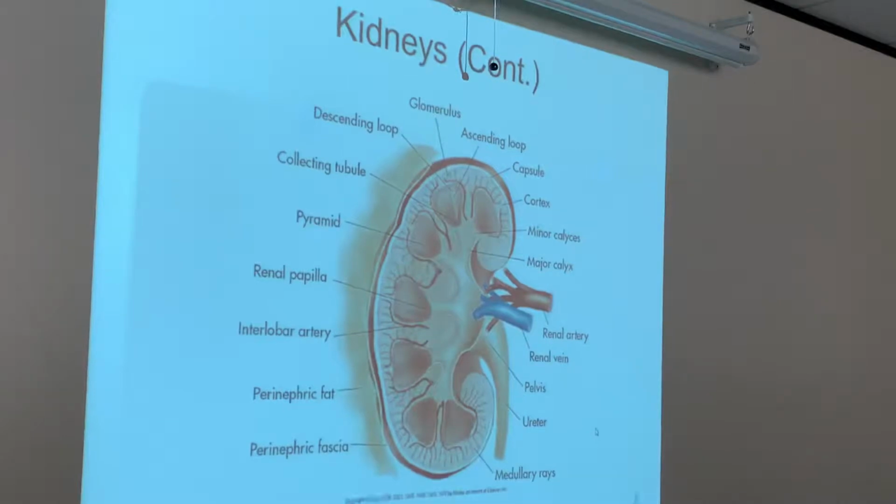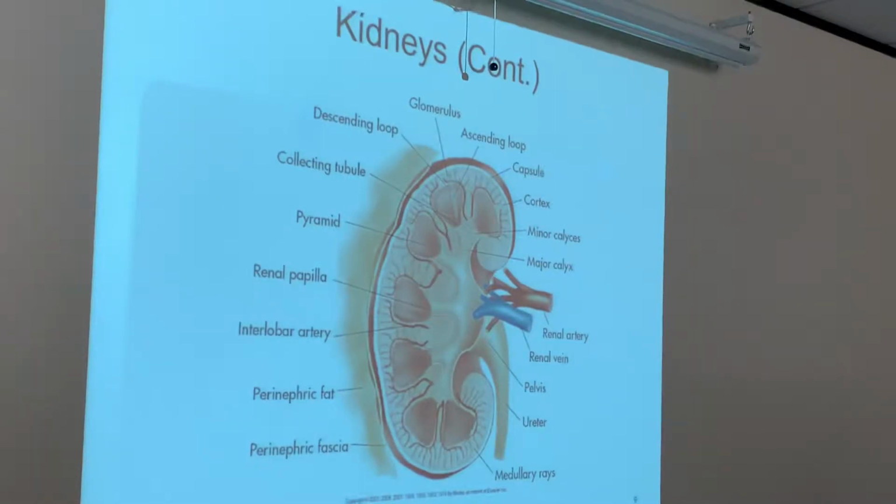Now, when we talk about the gerota's fascia, you can call it perinephric, meaning around the kidney. If it's fascia, you know it's got to be Gerota's. So you can put either perinephric or Gerota's, and it would be correct.